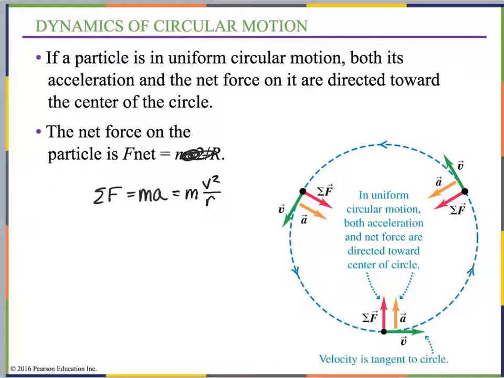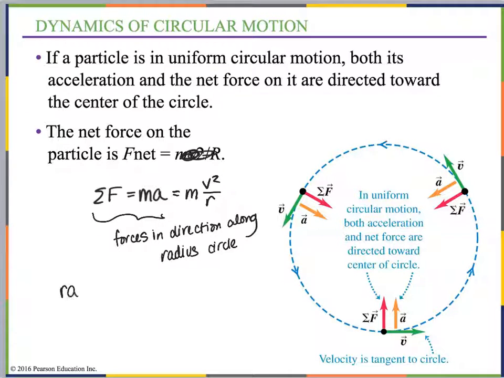And when we're doing this, these are forces that are going to be in the radial direction, or we could say along the radius of the circle. So it is in a way sort of breaking down the forces into components, but typically when we have circular motion, our two components are going to be radial, which is either going to go in towards the center of the circle or out away from the circle, and then tangential.